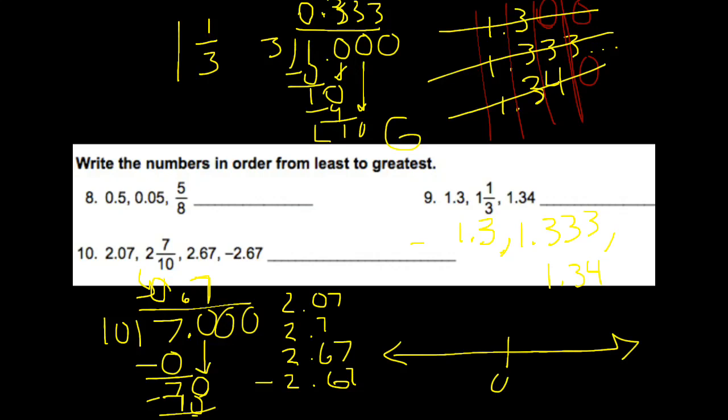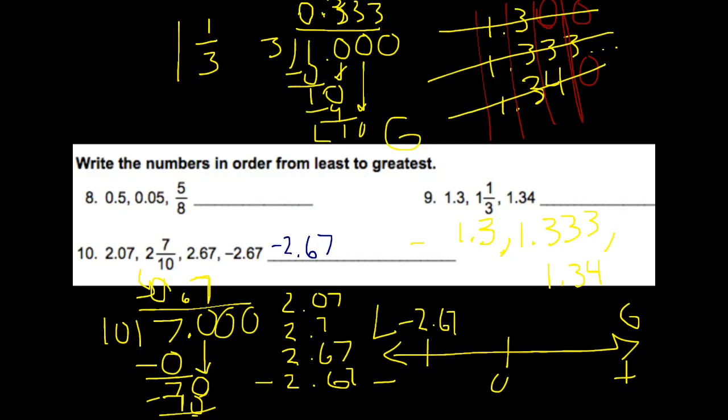I'm going to put 0 in the middle. I know that negative numbers are less and positive numbers are greater. So an easy one I can get rid of right now. Negative 2 and 67 hundredths I know is going to be the first one. So I'm going to put negative 2 and 67 hundredths.